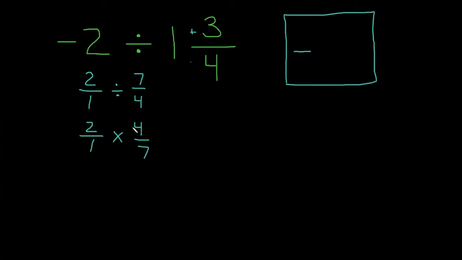And I don't see anything I can do on my diagonal, so we're just going to multiply straight across. 2 times 4 is 8, and 7. 8 over 7, that is an improper fraction. I'm going to convert it back to a mixed number. 7 goes into 8 one time with 1 left over, and we keep the same denominator. And our answer will go in here, so we keep it negative. 1 and 1/7 is our answer. Negative 1 and 1/7.